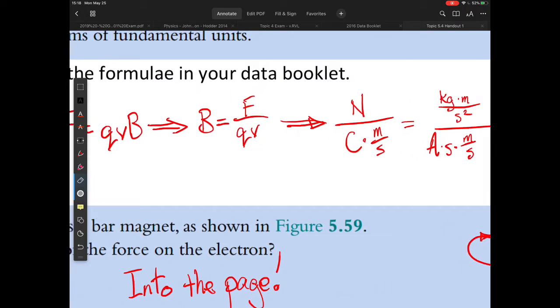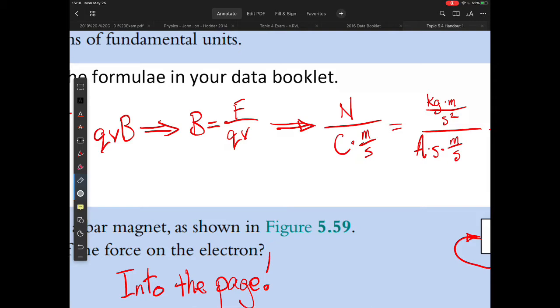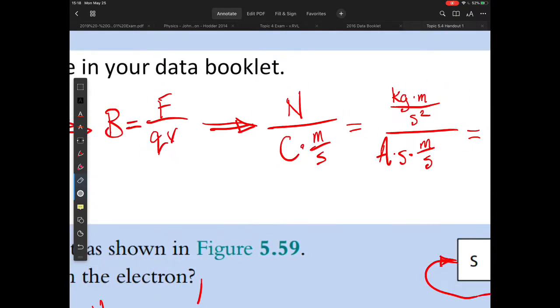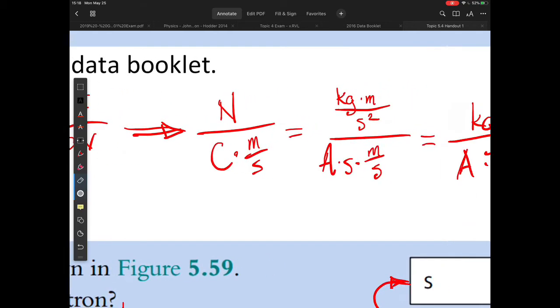So we then solve this equation for magnetic field strength, and a possible unit that we could go with is newton per coulomb meters per second, but this is not really the final form of this unit, right? There's other stuff going on here.